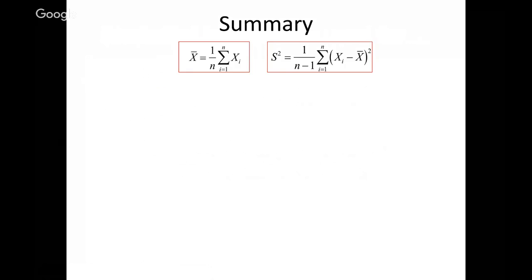We could repeat that 1,000 times, and we would have 1,000 different sample means. And so the sample mean is going to be distributed in some way, and therefore it is a random variable. So we've written the equation for the sample mean as a random variable equation, where we have the dependent random variable x bar as a function of the random variable for the realization of each sample xi, summed over all the samples and then divided by the number of samples. So that is the random variable equation for the mean.